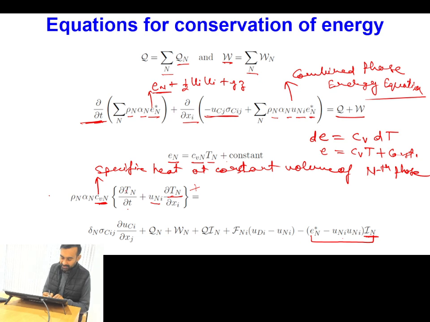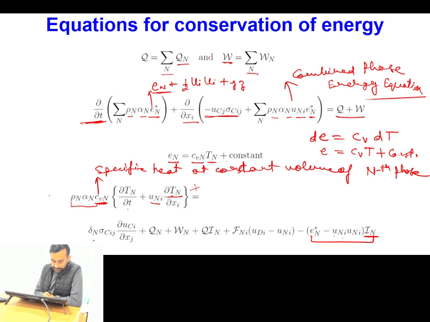So basically, whenever you do the replacement of En, ultimately one derivative will be for Tn and the second derivative will be for all the remaining terms. Whenever you take the second derivative for all the remaining terms, that will give you In times En star minus Uni into Uni. Is this point clear?